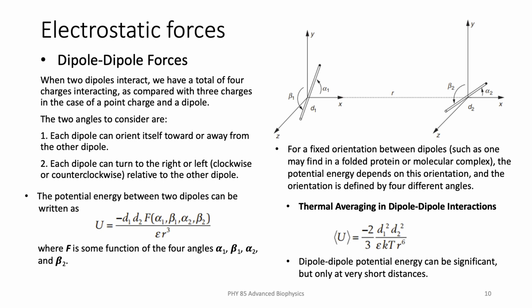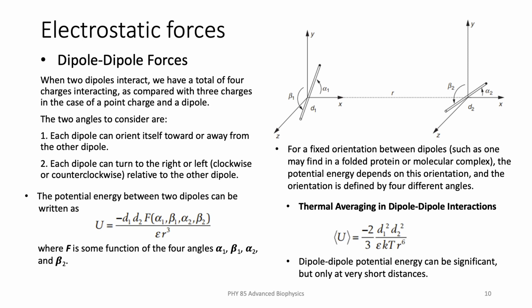So the potential energy between two dipoles is written in this form, where F is some function of the 4 angles alpha 1, beta 1, alpha 2, and beta 2.